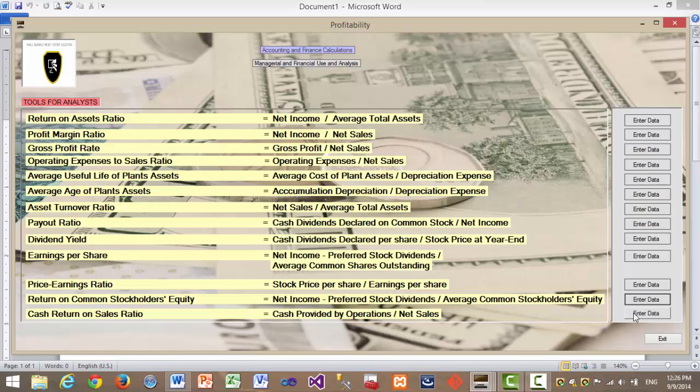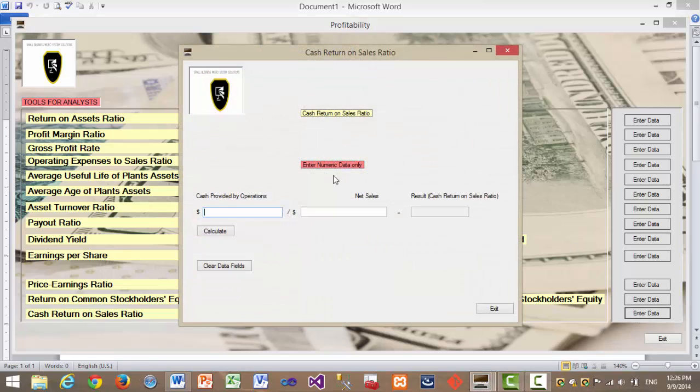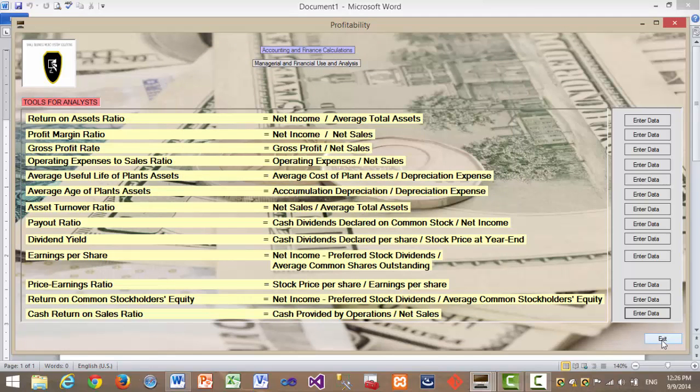And your cash return on sales ratio: cash provided by operations divided by net sales will give you that result. That concludes the profitability portion of these formula calculations.